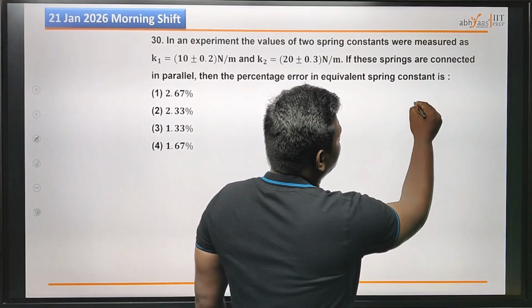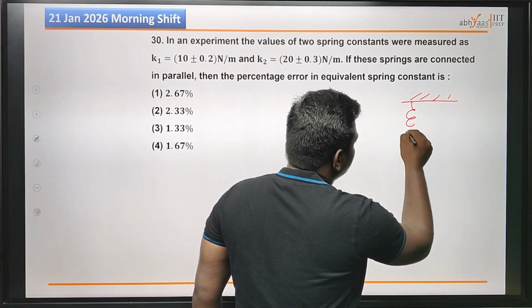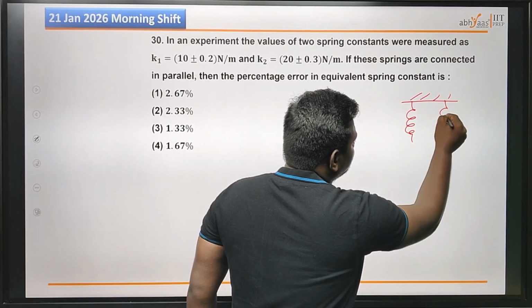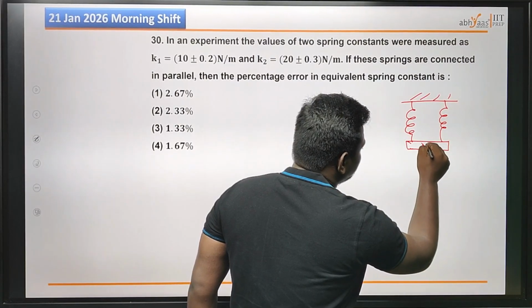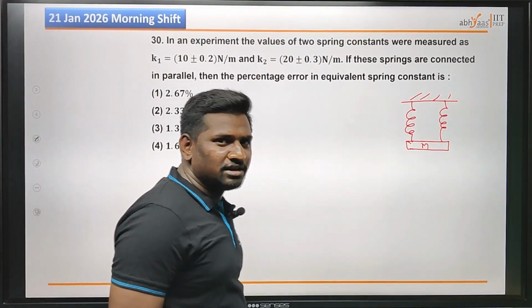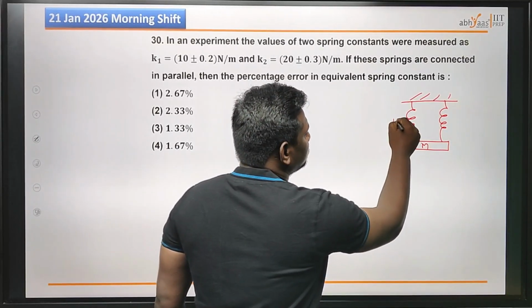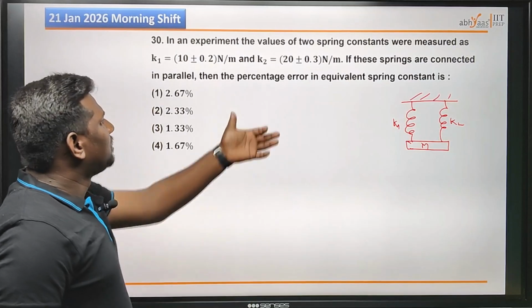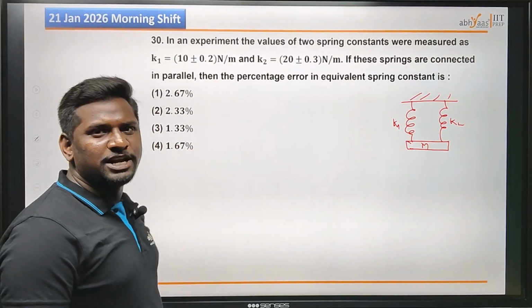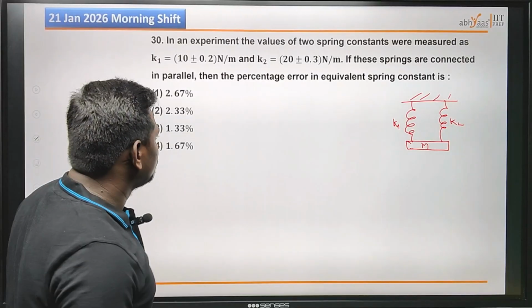So observe here, spring 1, spring 2, connected with some mass M. We are not discussing anything about the mass, I have just taken it. So take it as K1 and K2. What they are asking is the percentage error in spring constant.